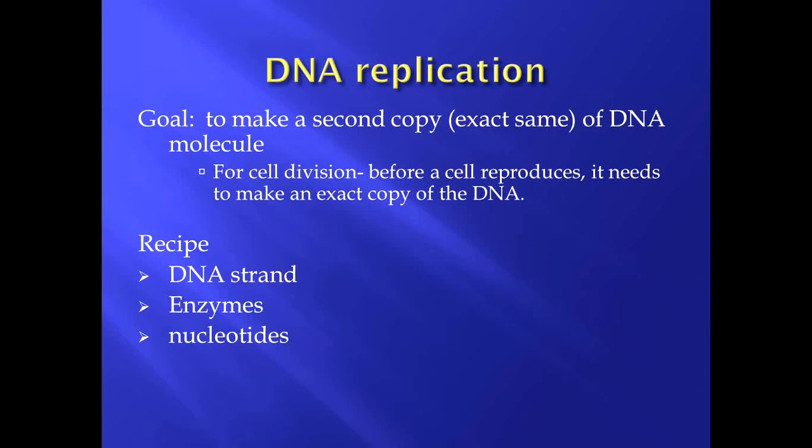And similarly, when we get ready for meiosis, for reproduction, producing the germ cells, sperm and eggs, we also need to make a copy of the DNA, because of course we ourselves need to retain a full set of our DNA, and we also need to send a set of that on to the new cell or the new individual.